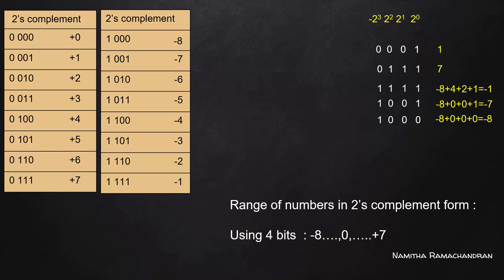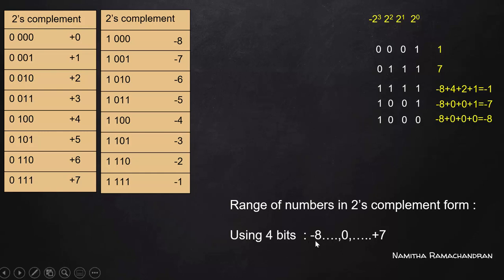Okay, so here the main advantage is this: in our previous cases, 1's complement form and signed magnitude form using 4 bits, the range of values is from minus 7 to positive 7, because there we have an ambiguity in case of 0. That is, we have separate representations for 0 in positive and negative terms. But here we have only a single representation for 0 in 2's complement form.